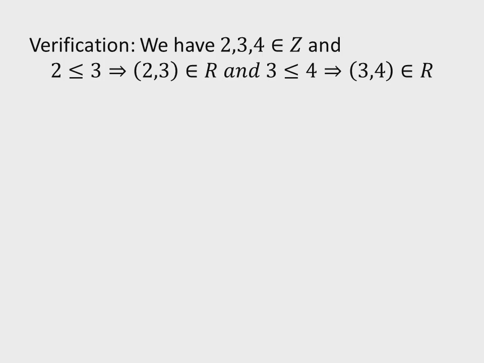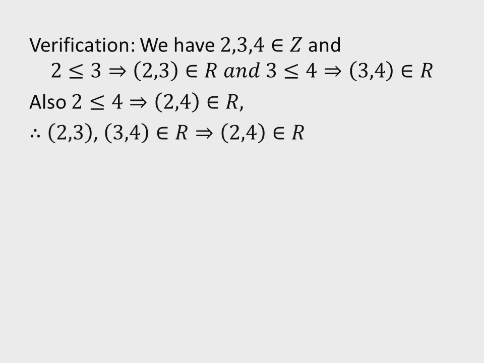That means 2 relates to 3, so (2, 3) belongs to R. And also 3 is less than or equal to 4. That will mean that 3 is related to 4. But also we see that 2 is less than or equal to 4. And that will mean that 2 is related to 4. Now what we notice? (2, 3) belongs to R, (3, 4) belongs to R, and that will make (2, 4) belong to R. So R must be a transitive relation.